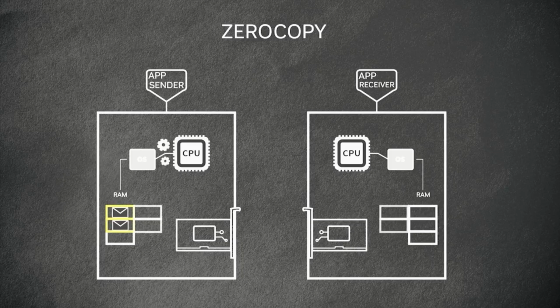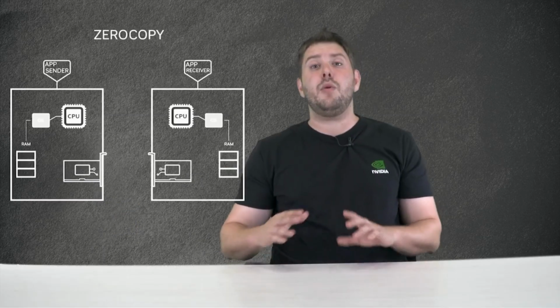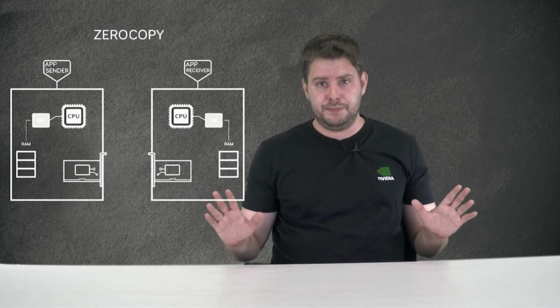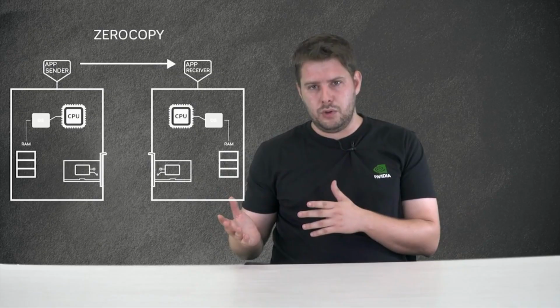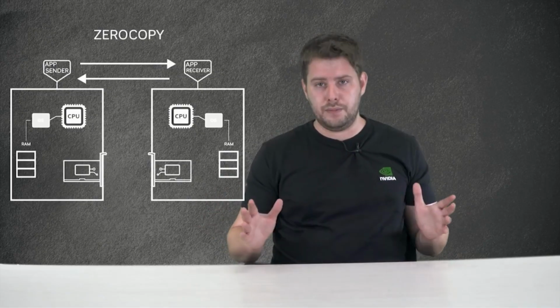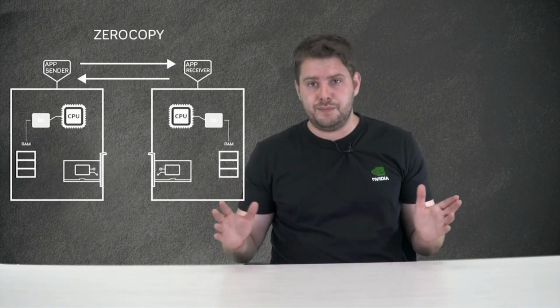Remember, with one-sided communication, the sender, once it knows where the destination memory is, can send directly without the receiver being involved. Zero copy can work both ways. It can work from the sender to the receiver or from the receiver to the sender, depending on who is ready first.